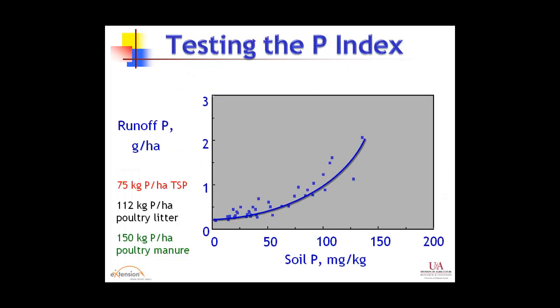And so, going about testing, some work has been done with testing, but not a lot, and I will come back and readdress that in a minute. But you go back to that nice slope where we don't have any. But when you do apply fertilizer, either be it triple super, or manure, then they don't fall on the line.